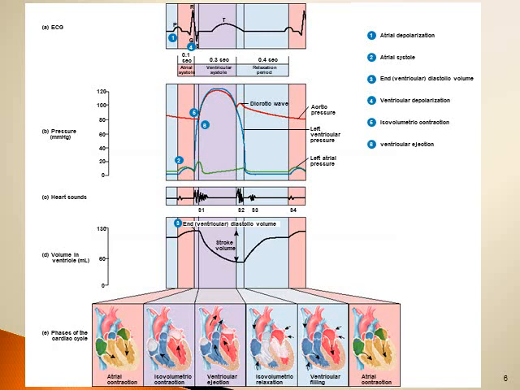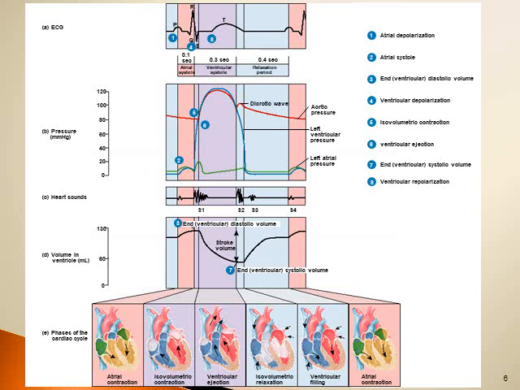This isovolumetric contraction is followed by ventricular ejection, and the ejection of blood will result in emptying blood into the aorta, and the blood that remains in the left ventricle is called the end systolic volume.